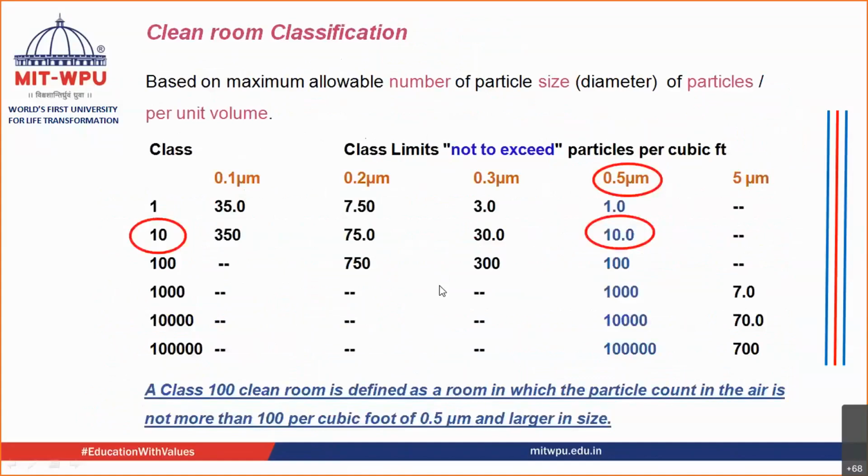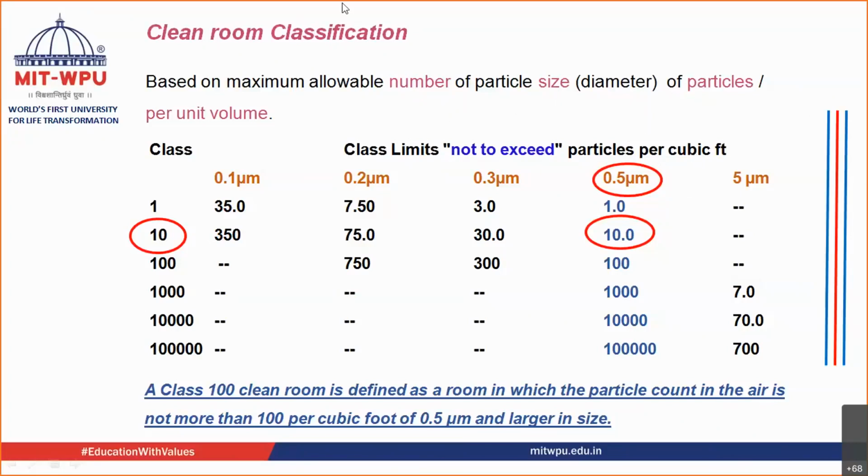Now, how to classify the clean rooms? Clean rooms can be classified on the basis of the number of particles of a particular diameter that are present per cubic feet. So it is based on the maximum allowable number of particles of a particular size in a particular volume, that is per cubic feet.